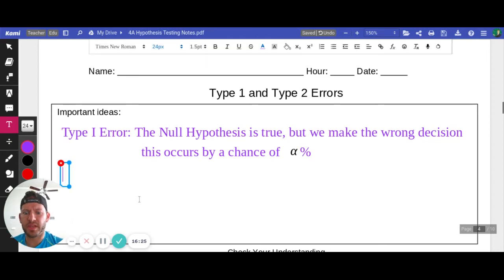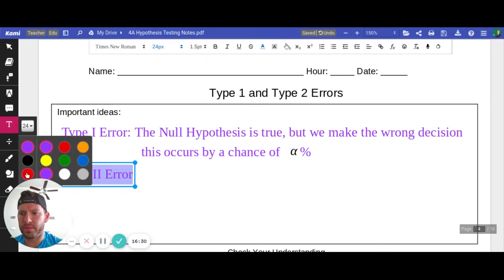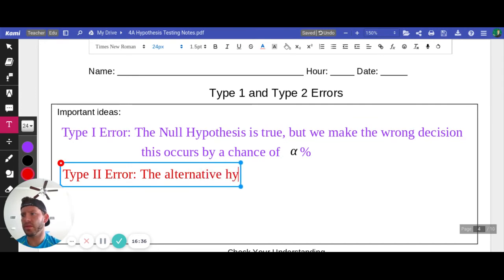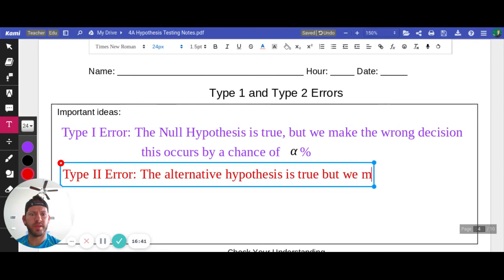And that's versus a type 2 error. We're going to make this red. And that's the alternative hypothesis is true, but we make the wrong decision.